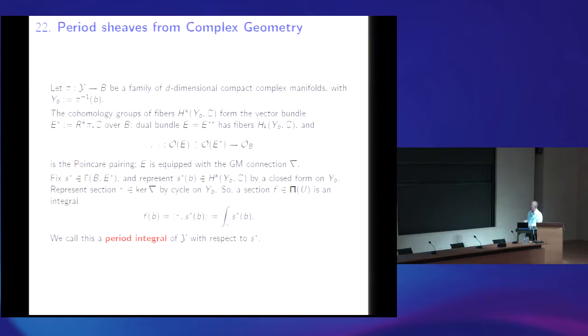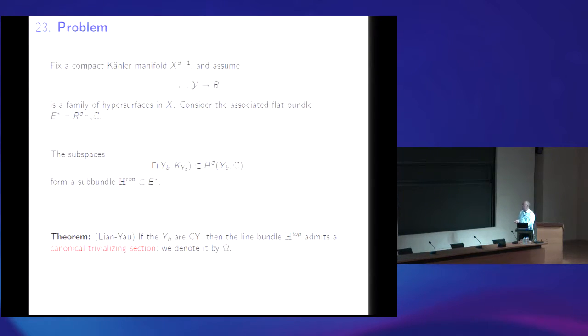Okay. So now we fix a compact Kähler manifold X, of dimension d+1, sometimes a Fano manifold. We consider a family of hypersurfaces in X and the associated flat bundle, defined this way. The subspace as a subbundle, which we call X top, sitting in E star.